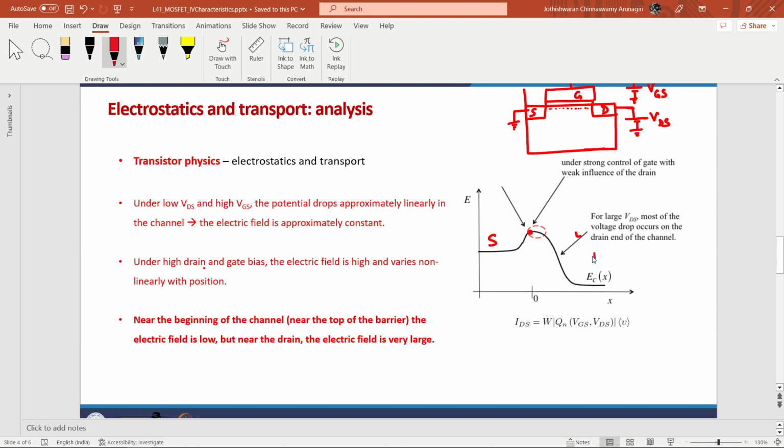All right. So this is the source end, this is the drain end.